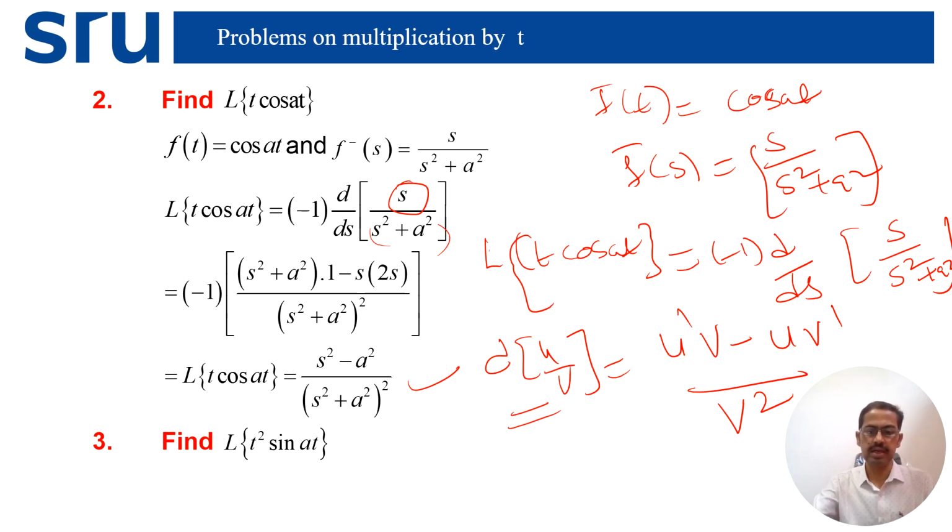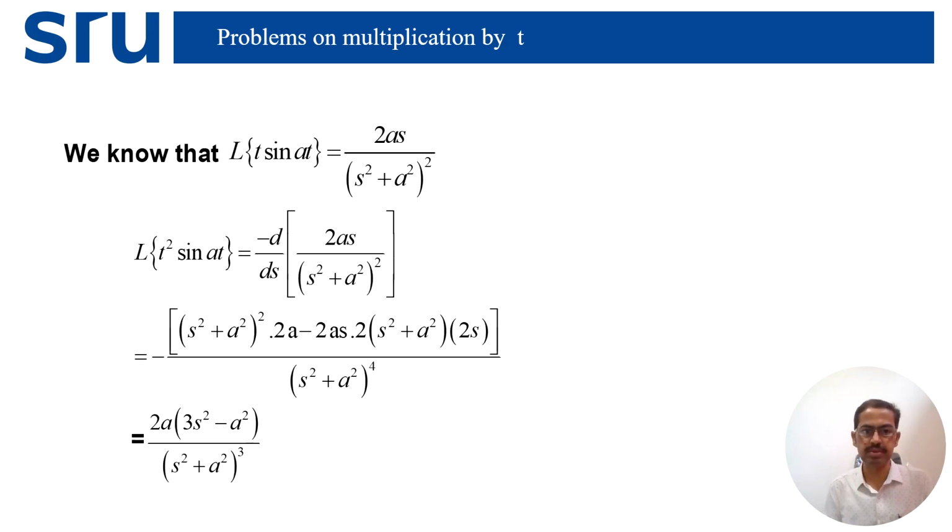Similarly, we can calculate the Laplace transform of t square into sin at. 2 times differentiate here. You know the Laplace transform of t sin at is 2as by s square plus a square whole square. Right? Already you know t sin at.